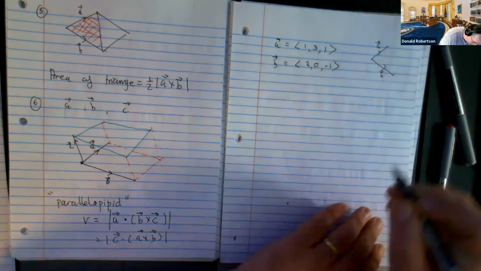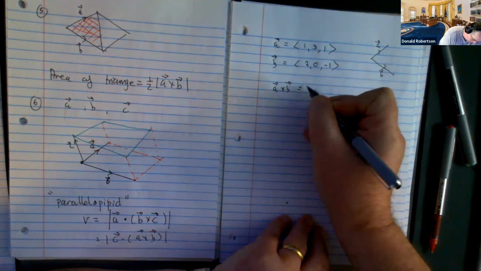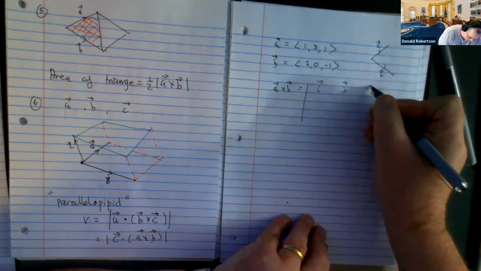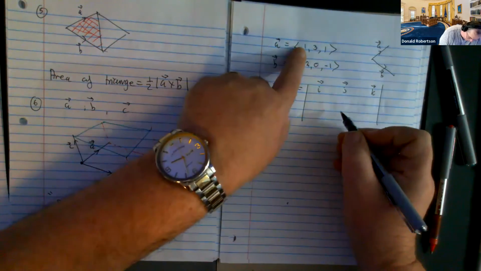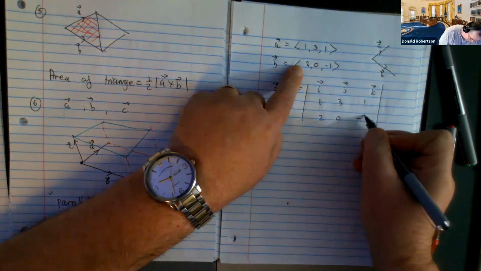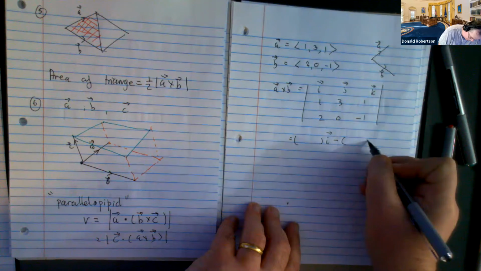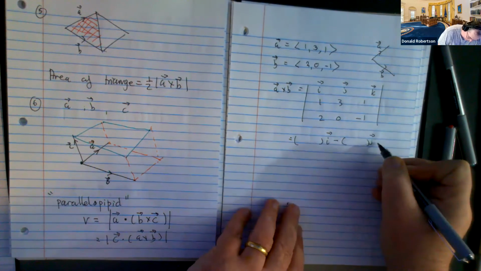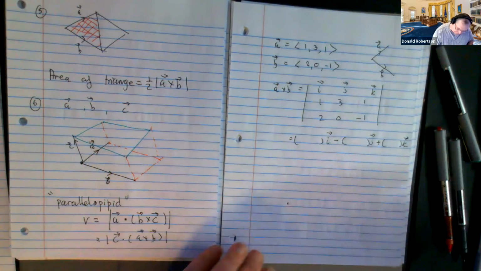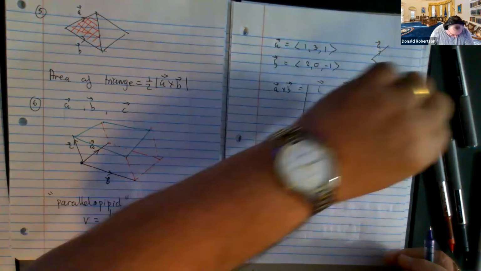So I'll find the cross product. We go i, we go j, we go k. This guy goes first. This guy goes second. So many i's, take away so many j's, plus so many k's. Little thing set up.